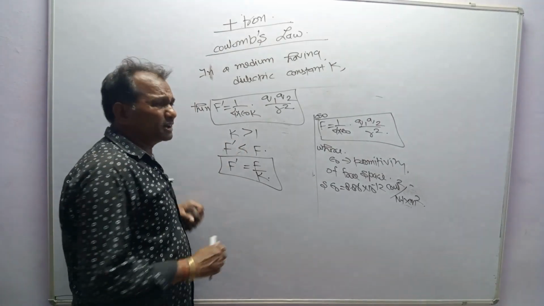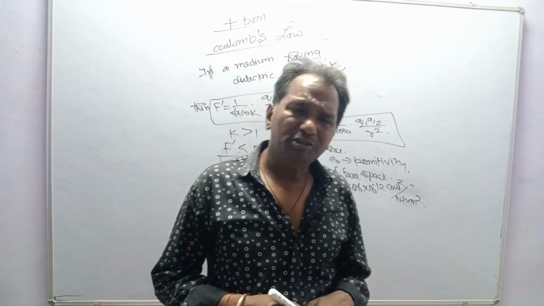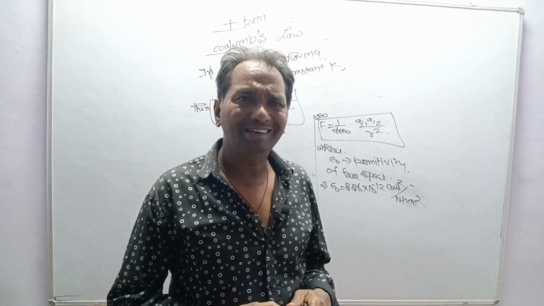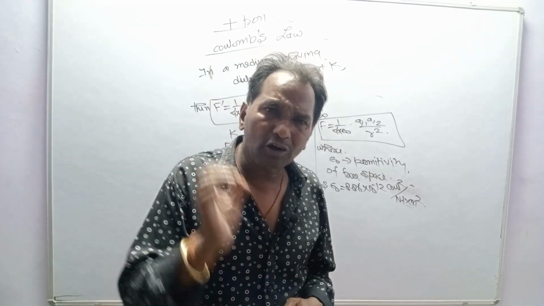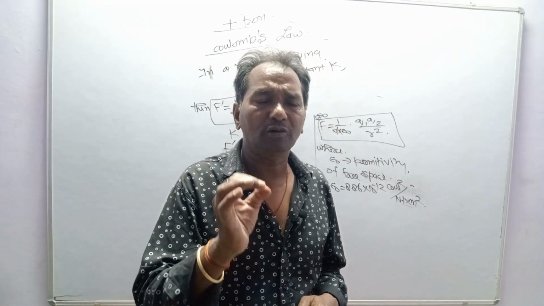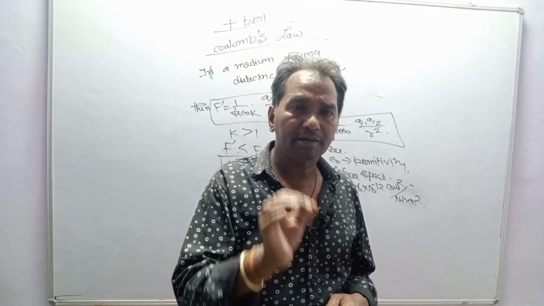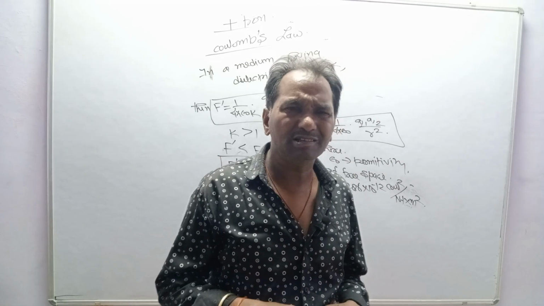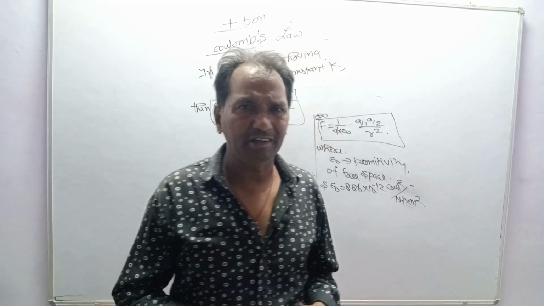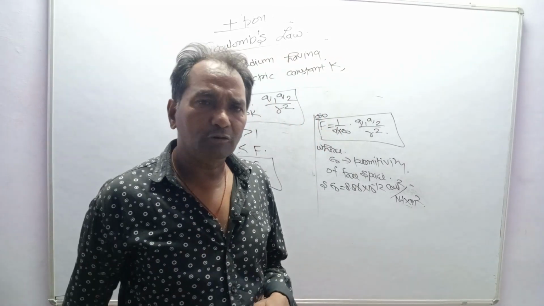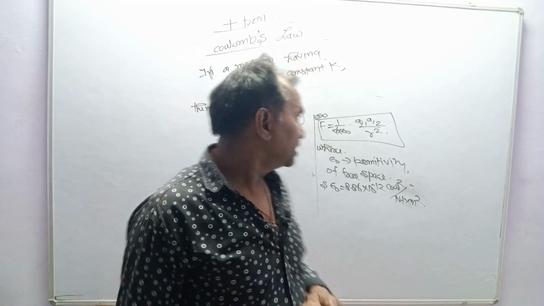Dear students, what I have said is that vacuum has the dielectric constant K equal to 1, and all media have a dielectric constant greater than 1. The maximum value of dielectric constant is for water, approximately 80.